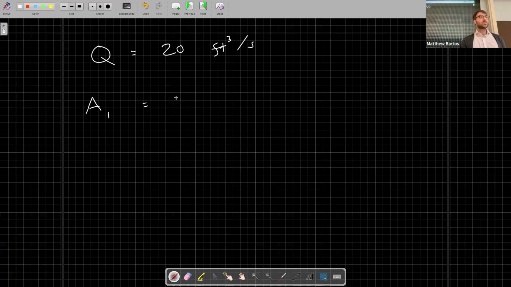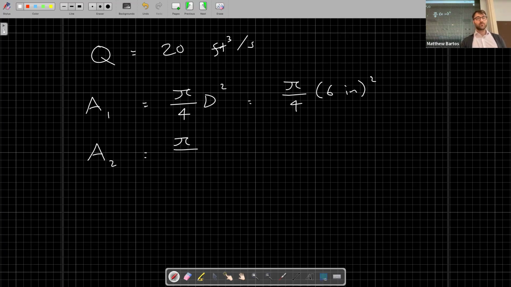It's going to be pi over 4 times d squared. Okay, so this is pi over 4 times 6 inches squared. What's the area at the downstream end? Same.